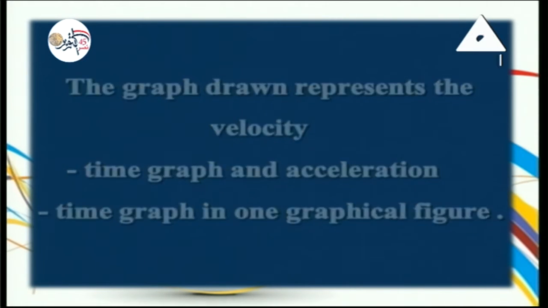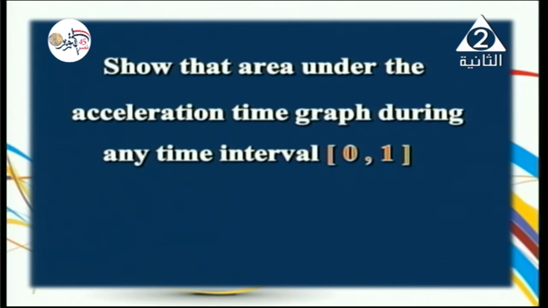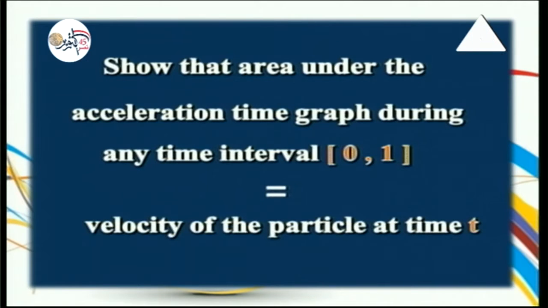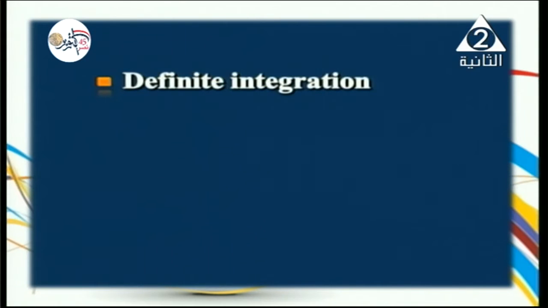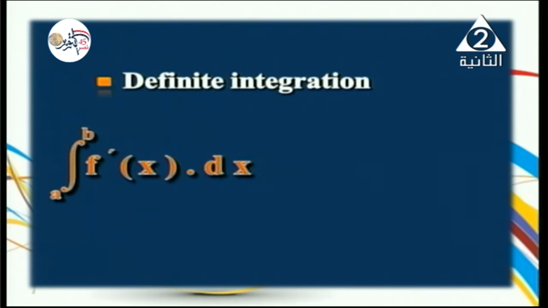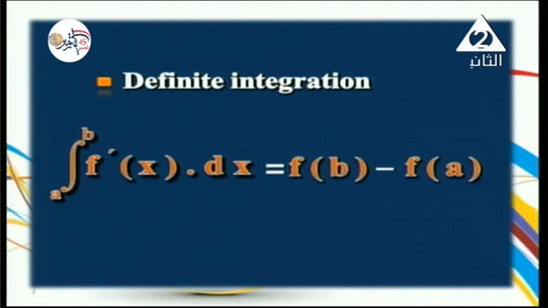Show that the area under the acceleration-time graph during any time interval [0, t] equals the velocity of the particle at time t. Definite integration: what do we mean, my dear students, by definite integration? If we have the integral from a to b of f'(x) dx, it equals f(b) minus f(a).